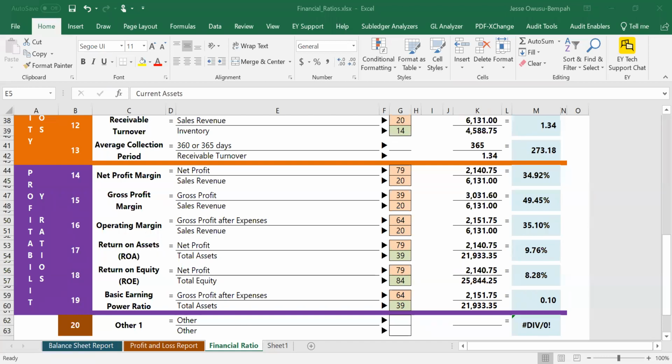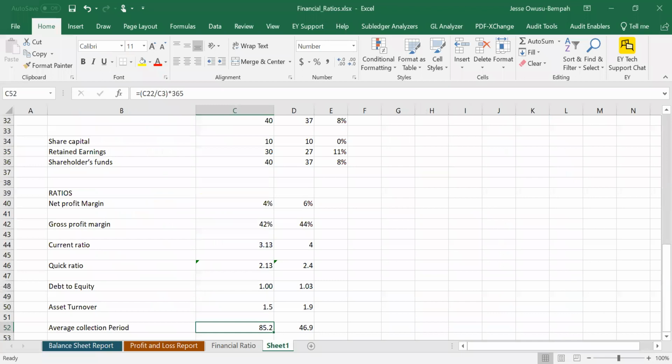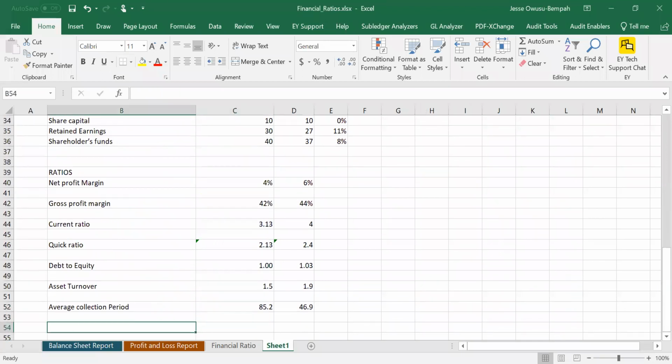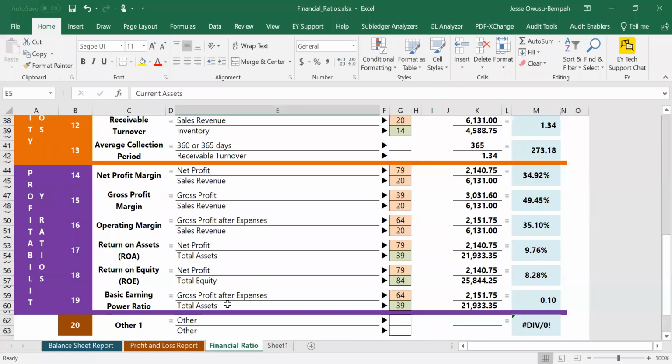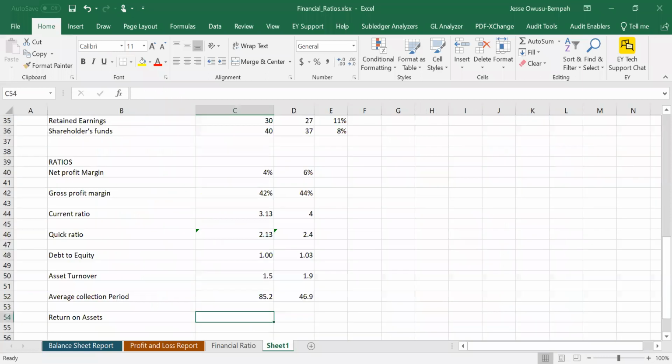Return on assets. Now, the reason I'm doing that is I want you to see how it coordinates with asset turnover. If you take return on assets, it is simply your net profit over your total assets.